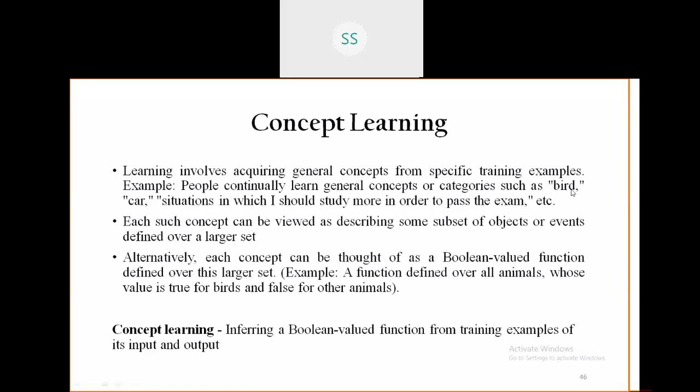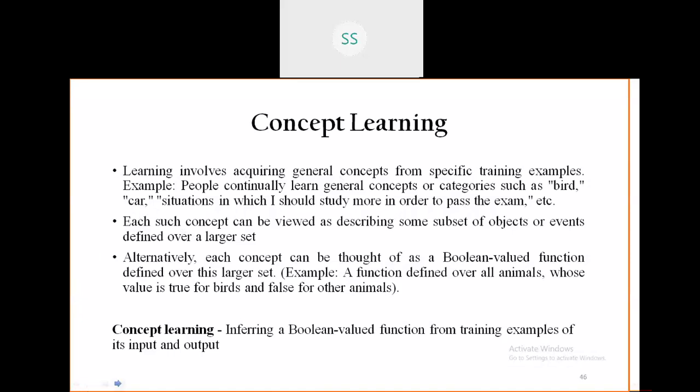Let us take an example: car is an example, right? It's a subset of all the four wheelers available in the market. You have the bus, you have the car, you have the lorries, and other four wheelers. And among all these things we are choosing the car as my example, which is drawn from a larger set.